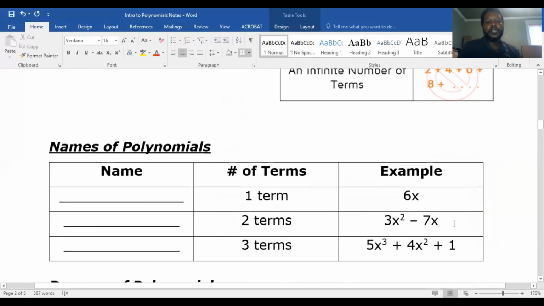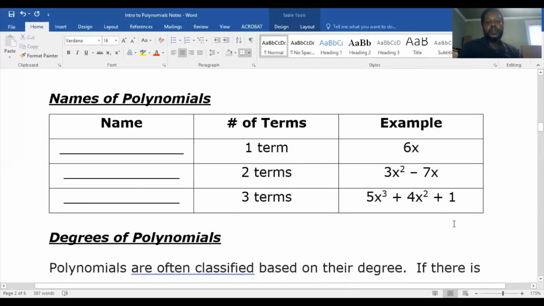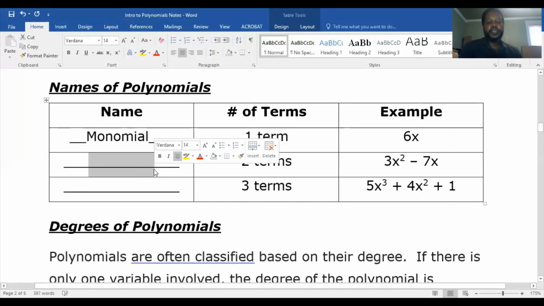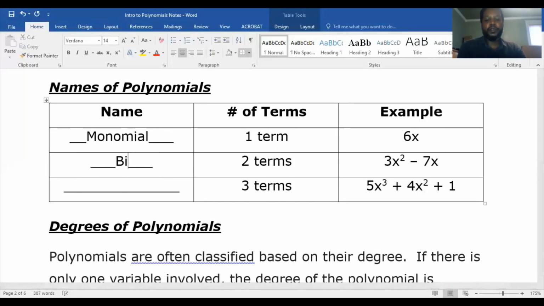All right, so let's name polynomials. We already did earlier, right? Like I was saying before, anything more than 3 terms is considered an official polynomial. If it only has 1 term, it is called a monomial. All right, if it has 2 terms, it is a binomial.